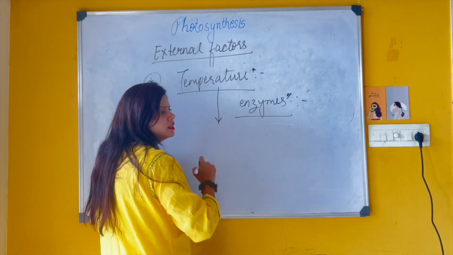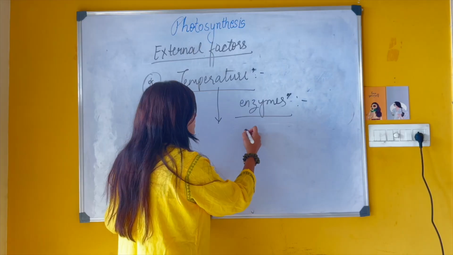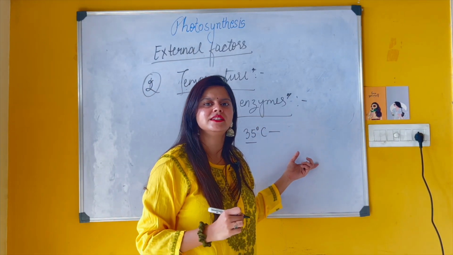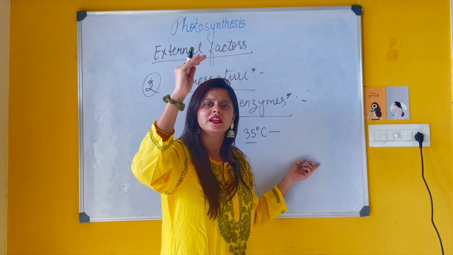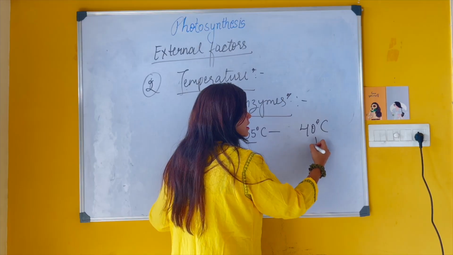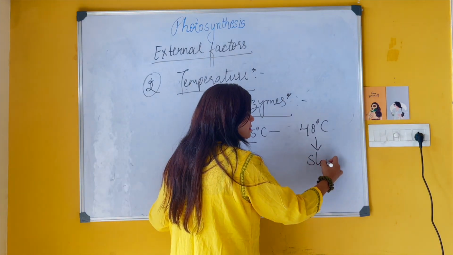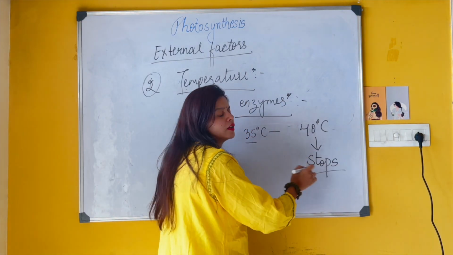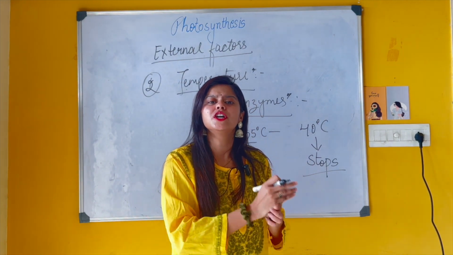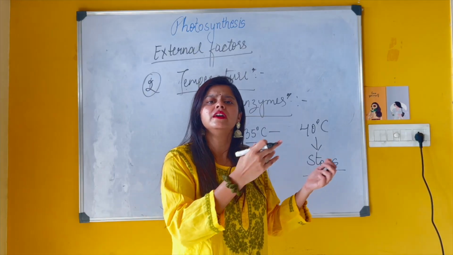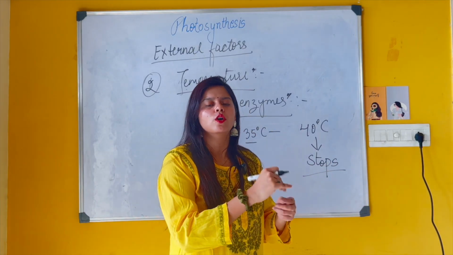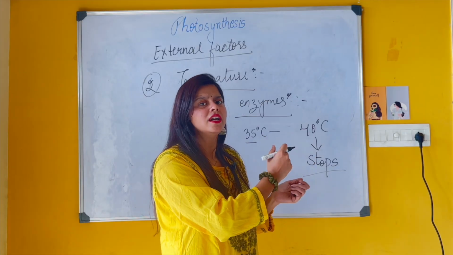For photosynthesis the optimum temperature is 35 degrees Celsius. After 35 degrees Celsius, rate of photosynthesis starts decreasing. And after 40 degrees Celsius, rate of photosynthesis completely stops. Because what will happen after 40 degrees Celsius? All the enzymes which are required for photosynthesis will be destroyed. Enzymes get denatured at very high temperature, and without enzymes, photosynthesis cannot take place.